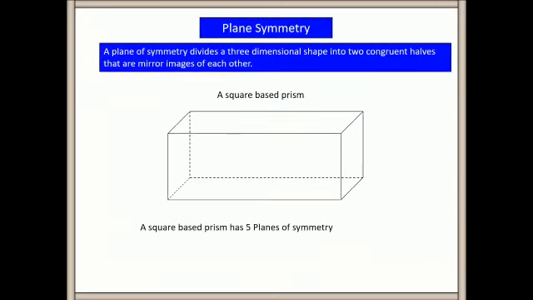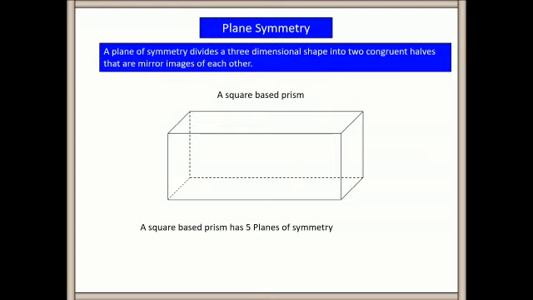Next one, we are discussing a square based prism. Before explaining this plane symmetry, what is the difference between a square based prism and a cuboid?